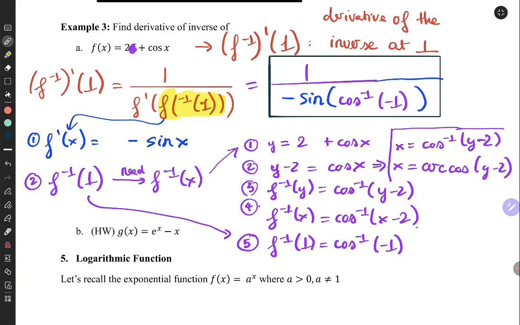So for this one, the inverse cosine of -1 is pi, and then the sine of pi is 0, so it's 1 over 0. Negative sine, negative cosine of -1. Cosine of -1.